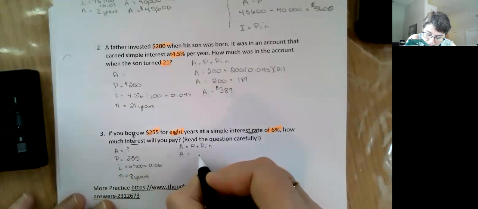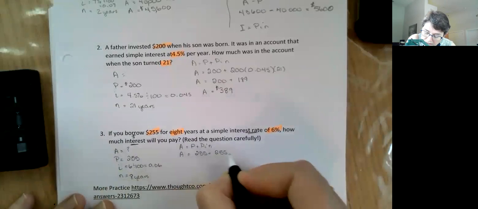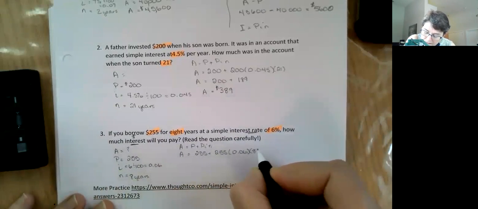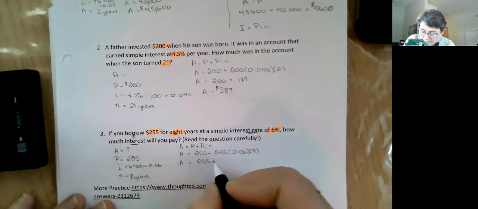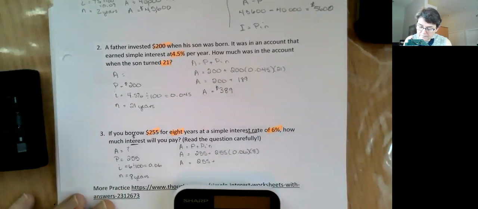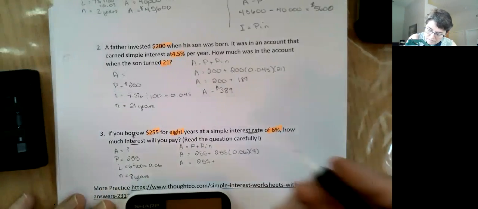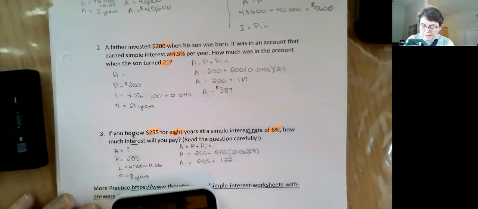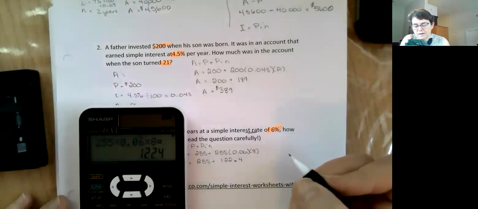So A equals 225 plus 225 times 0.06 times 8. 225 times 0.06 times 8 gives, ooh, look at that, 108. Now, it's okay if you put that there.